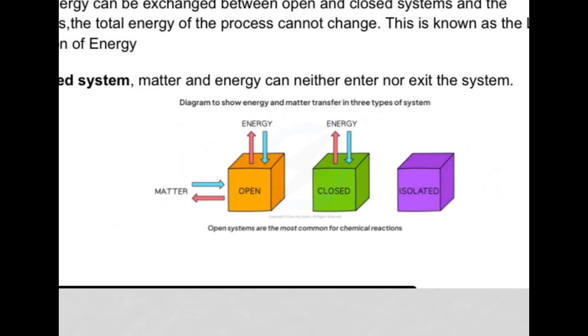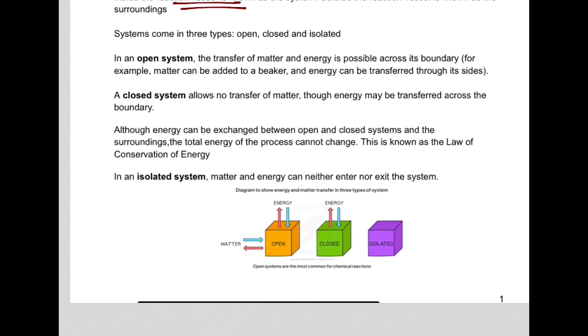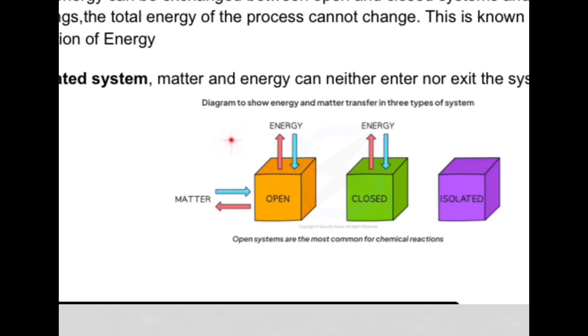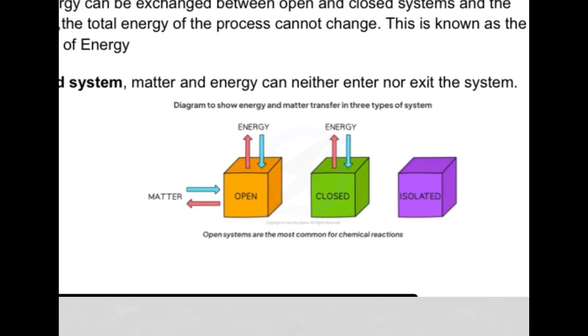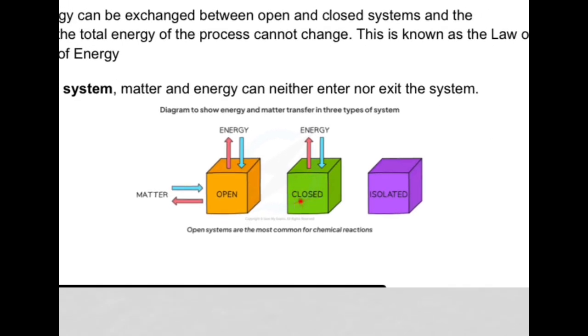Now there are three types of systems: open, closed, and isolated systems. Here you have an example of an open system. In an open system, matter can go in and out, so there's transfer of matter and there's transfer of energy. In a closed system, you do not have transfer of matter, so matter stays inside the system. It's only energy that can be transferred.